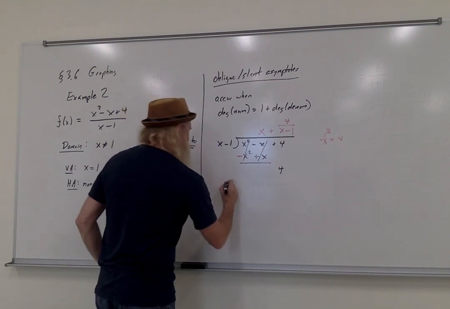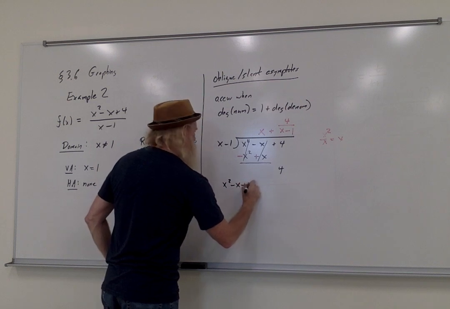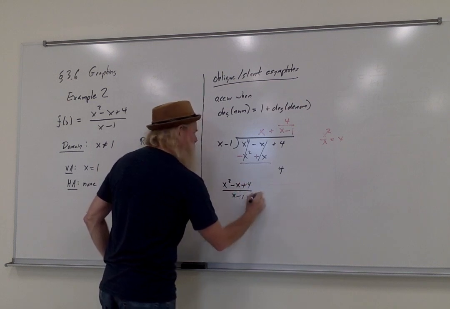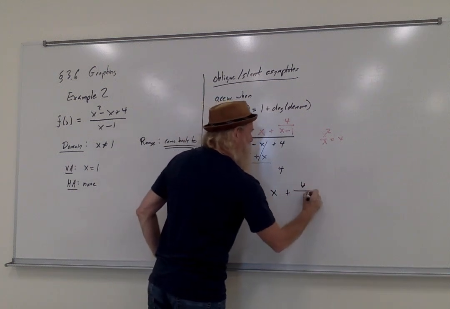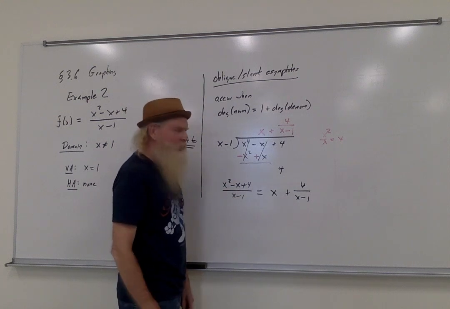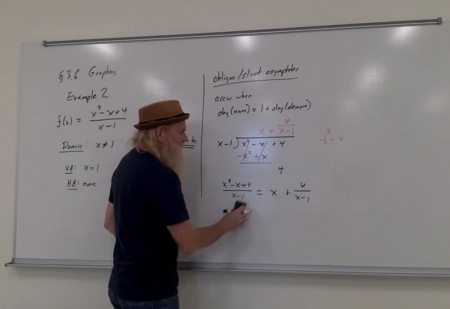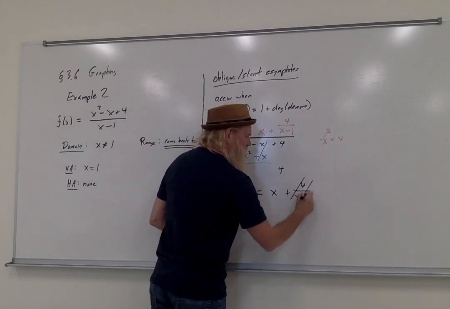So what this means is that the original function, x squared minus x plus 4 divided by x minus 1, is exactly the same as x plus 4 over x minus 1. These are identical functions. Now to get the equation for the slant asymptote, we discard the remainder term.